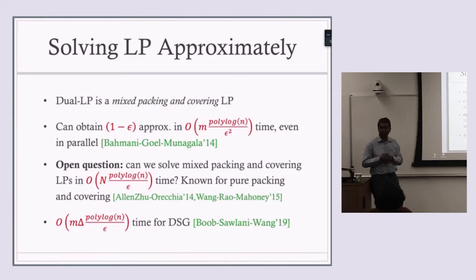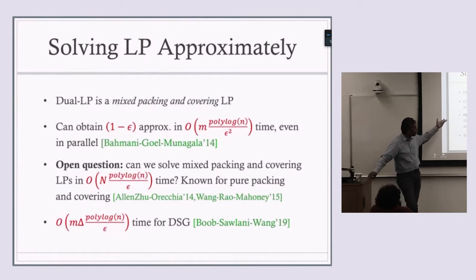These are based on multiplicative weight update methods. But those methods tend to be slow in practice, even though they're nice theoretically, and there's been an open problem: can you improve this dependence on epsilon squared to epsilon?